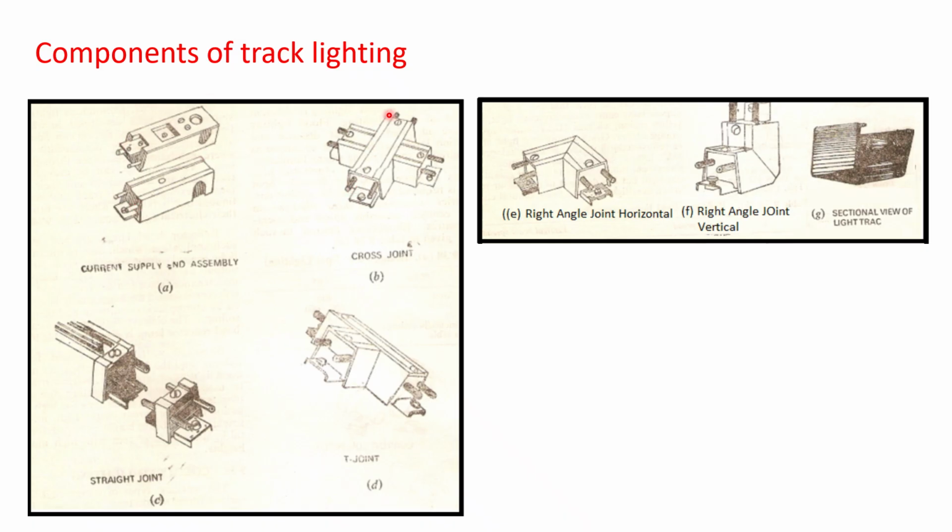This shows a cross joint. This shows a straight joint, where these two portions are joined. This shows a T joint. This shows a right angle joint, horizontal. This shows a right angle joint, vertical type. This shows the sectional view of the light track.